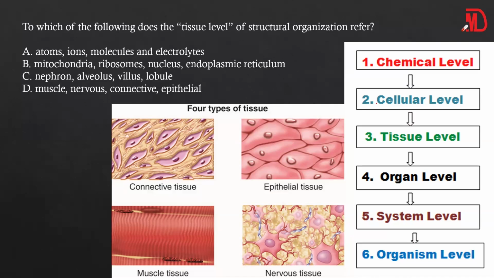And then we have the nephron, the alveolus, the villus, the lobe. These are functional units of organs, which are part of the organ level or even higher. And that is why over here, your best answer is D. The muscle, the nervous, the connective, and the epithelial tissue.